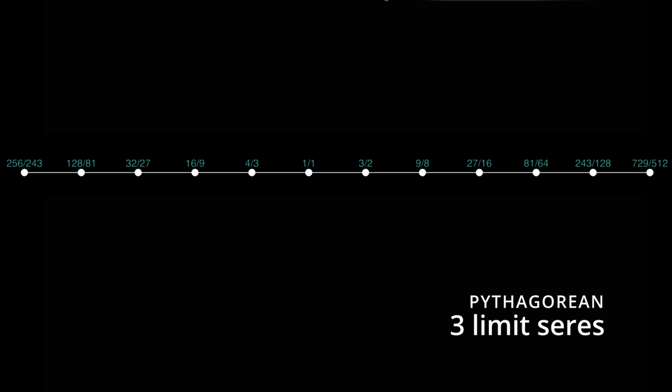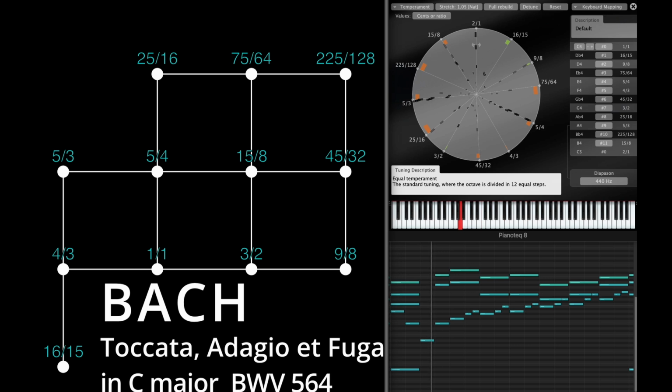Pythagorean tuning is a 3-limit series that uses the higher overtones, such as 243 over 128, 81 over 64, and 27 over 16.